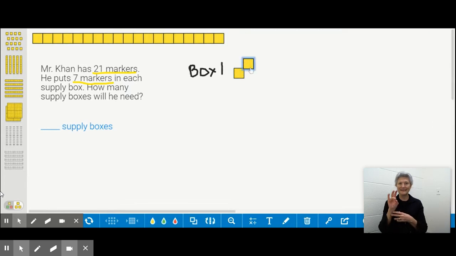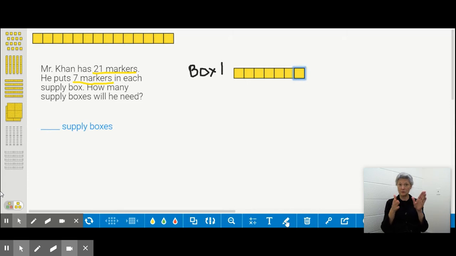So here's 1, 2, 3, 4, 5, 6, 7. All right, so the first box has 7 markers.